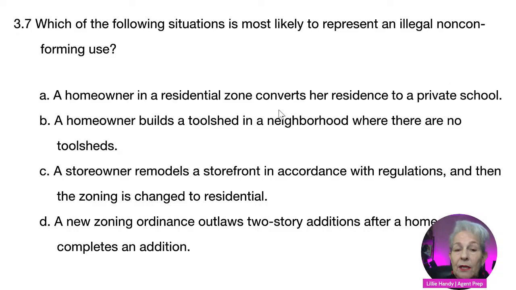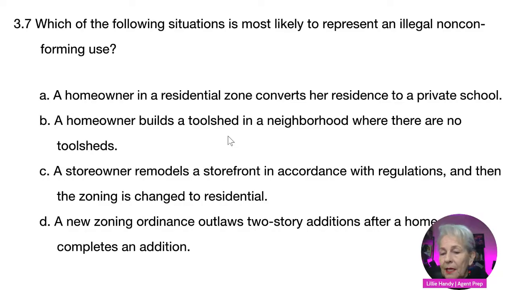In order to change a residence to a private school, they have to go through the variance board and zoning and get approval. In order to get approval, the zoning board or the adjustment board will send out notices to all the neighbors to see if it will negatively impact them, and they don't want that. So they can't go ahead and just illegally do it.